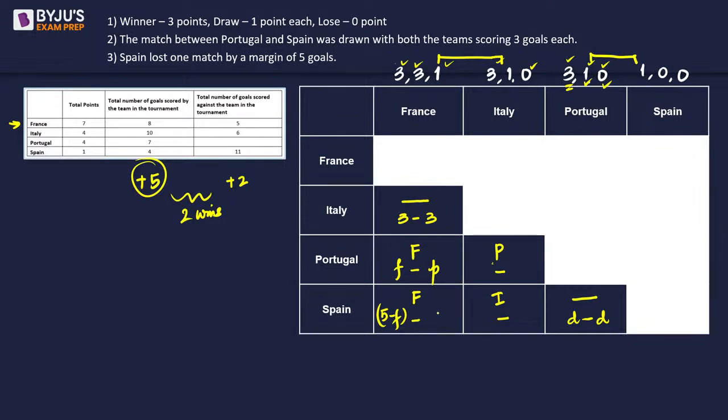And Spain का let's take this as S, ठीक है, स्पेन ने S गोल्स करे थे। If you look at this Spain total goals, it is 4 that Spain has done. So Spain has done S and D. So इधर में जो Spain करेगा, that is going to be 4 minus S minus D, right?